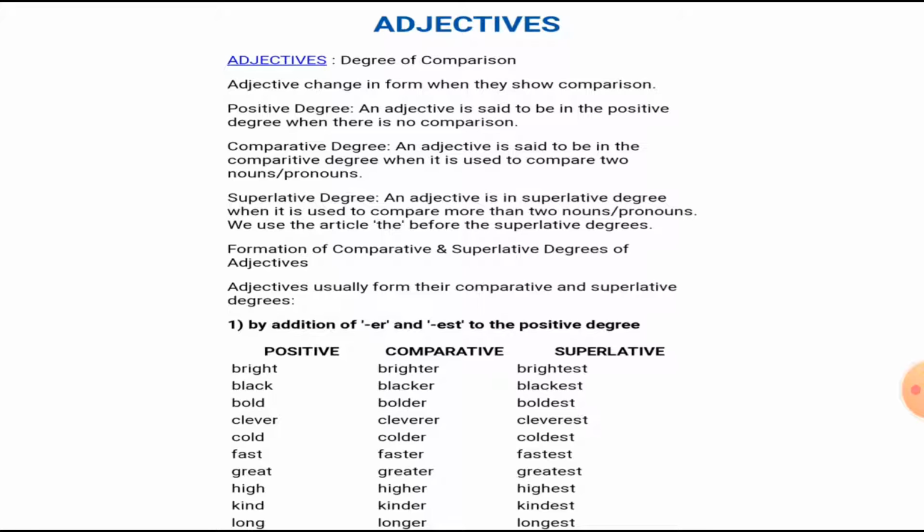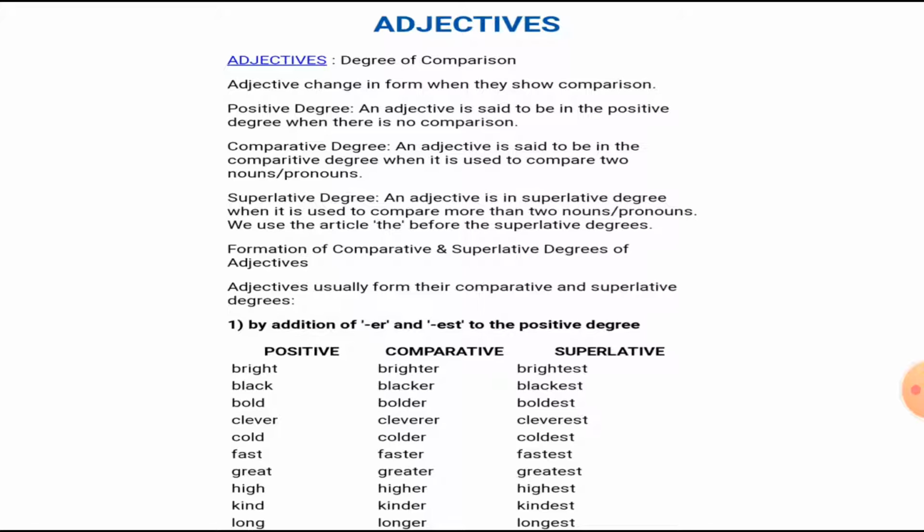Black, blacker, blackest. Bold, bolder, boldest. Clever, cleverer, cleverest. Cold, colder, coldest. Fast, faster, fastest. Great, greater, greatest. High, higher, highest. Kind, kinder, kindest. Long, longer, longest.